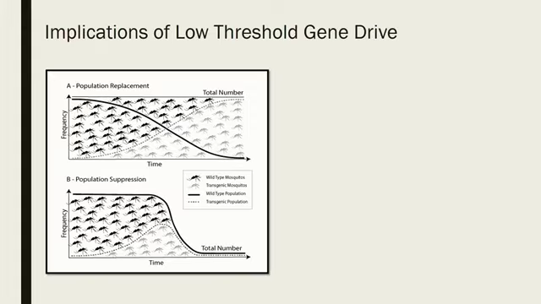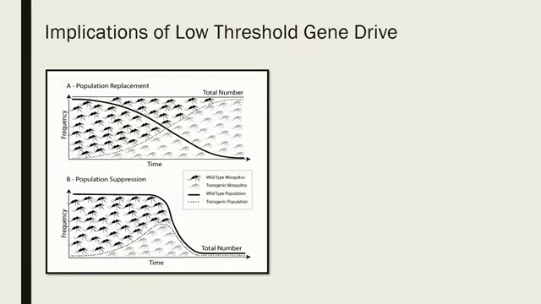And what you can see here is that progressively, with the drive mechanism, over time, the genetic construct spreads throughout the whole population. Now, the important thing here is that you then have mosquitoes refractory to malaria, hopefully, in the end. So you still have mosquitoes in the population.